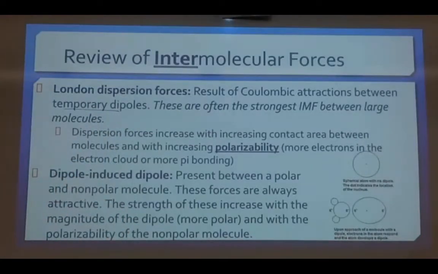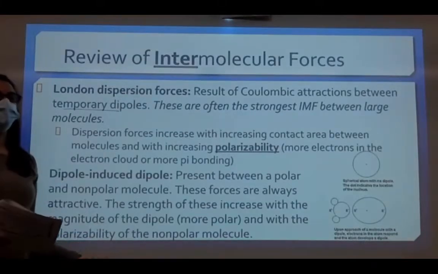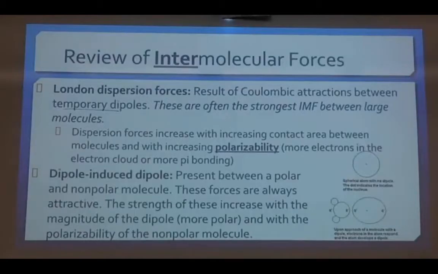It happens right away, allows for attraction, and then it goes back to being a nonpolar molecule. So it's always a nonpolar molecule, but it's about how the electrons are able to shift to create a polarizable molecule. And I'll show a video as well.